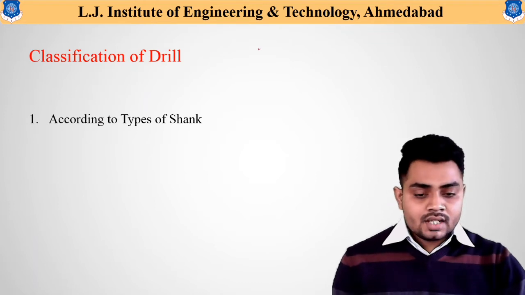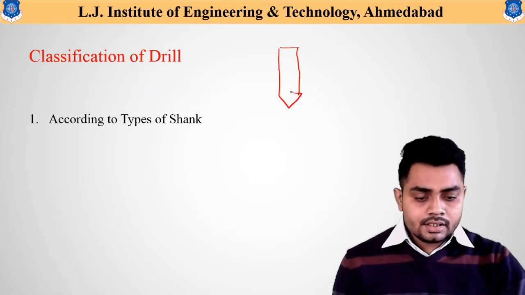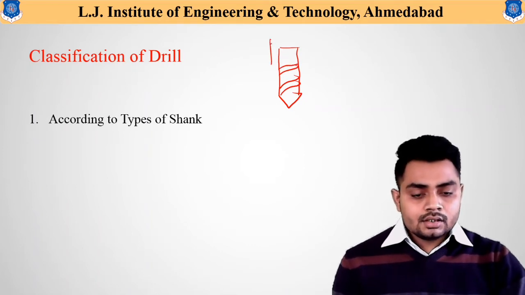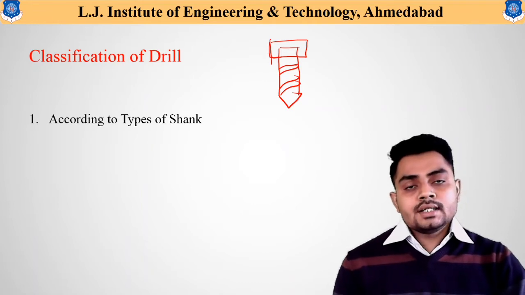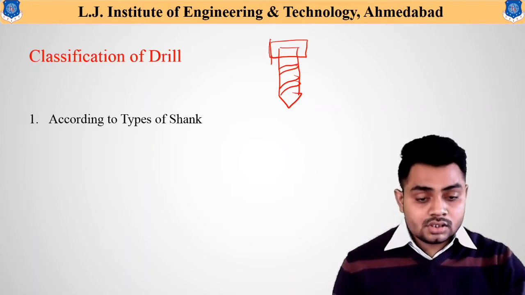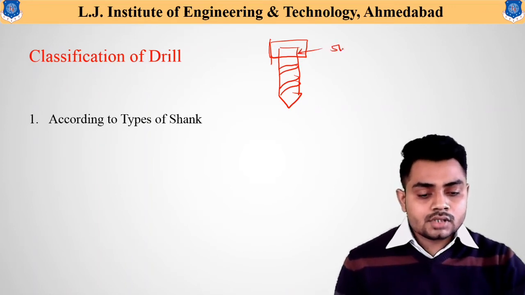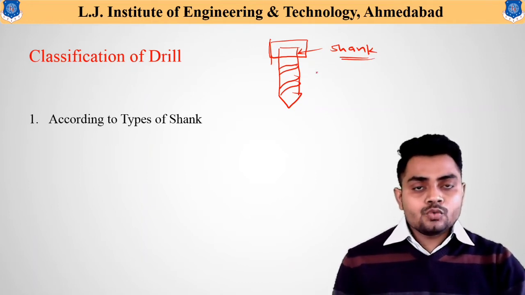That means, as we have discussed, this is the drill bit, and the portion of the drill bit which is used to hold this particular drill bit inside the drill chuck, which is helpful for holding and supporting, is called the shank. These shanks are available in mainly two varieties of design.